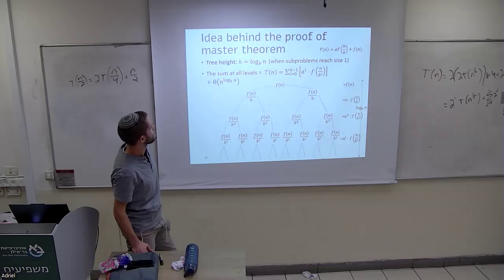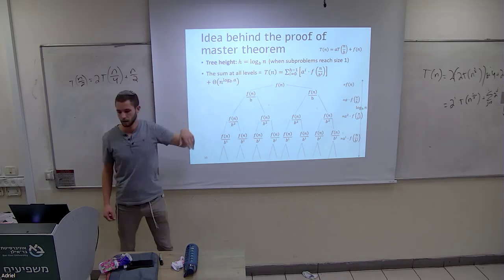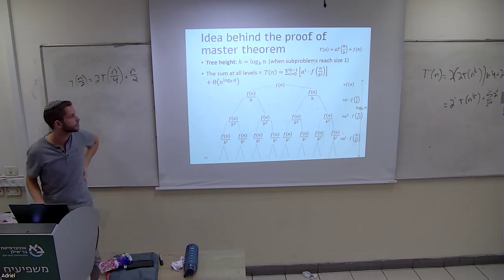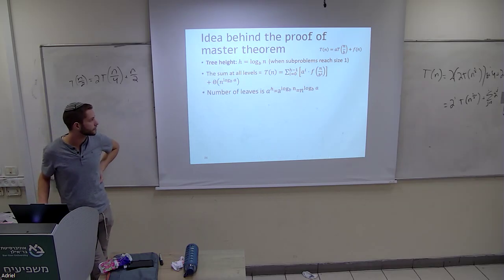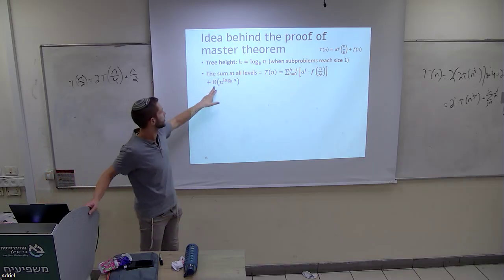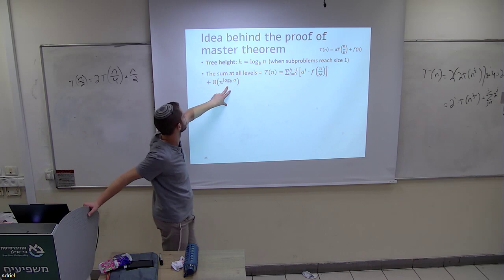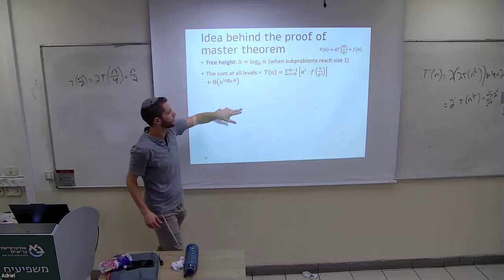What was the question? Why is it n to the power of log b of a? Yeah, because you switch it. I think I skipped something. What does the plus mean? Plus that one, plus the theta. Is this a mistake? No, it's not a mistake. It's the sum of the work we do at each level. But why plus this?